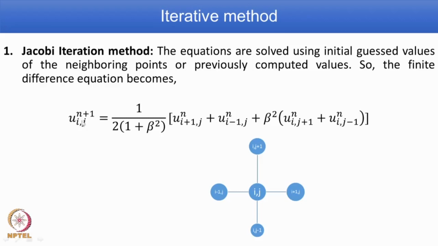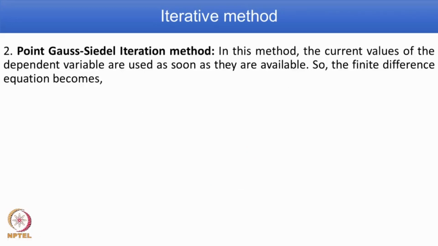So, u i comma j n plus 1 is the one to be determined at the node of interest i comma j, and all the neighboring nodes are taken to the right side. They are either determined from the previous level or known from the guess value, and that is again the molecule. So, we have the rewritten form of that discretized equation when you follow the Jacobi iteration method.